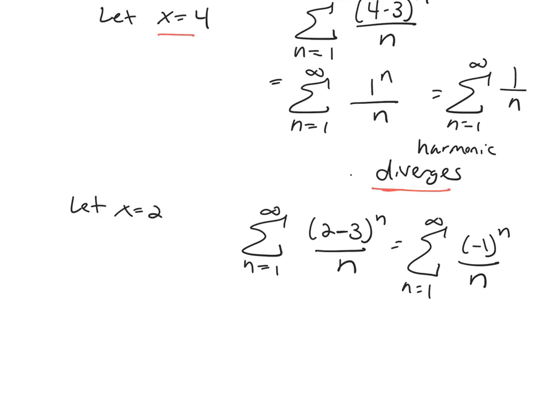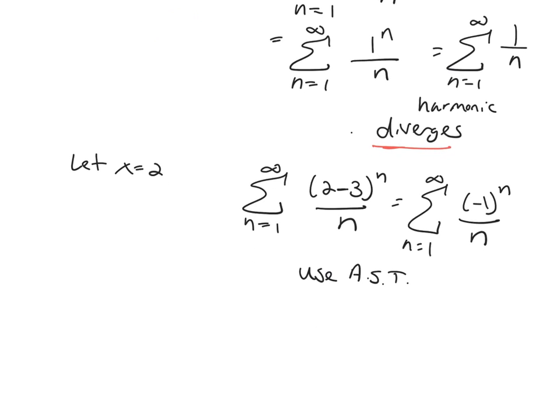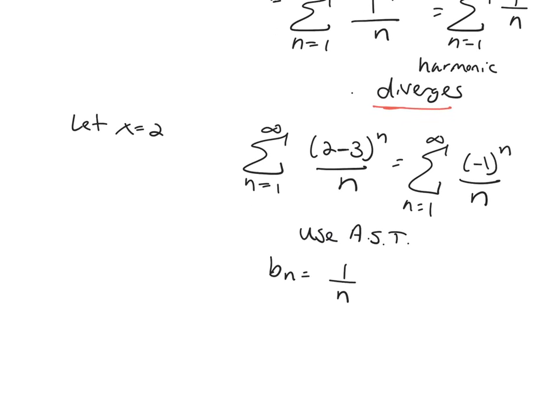It's an alternating series, so you should use the alternating series test. So let's do that. My Bn, my positive part, is 1 over n. You need it to be decreasing, so I've got to check two things. 1 over n plus 1, 1 over n.